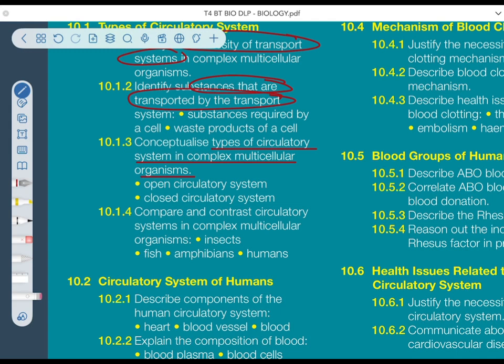Unicellular organisms like bacteria and microorganisms are simple living organisms, so their transport system is different from the complex multicellular organisms.